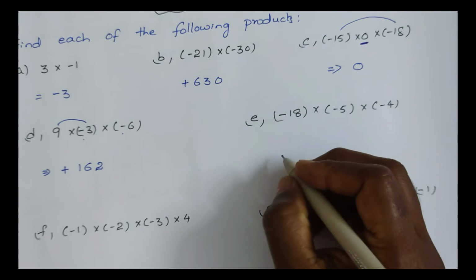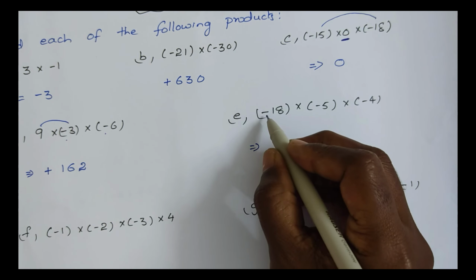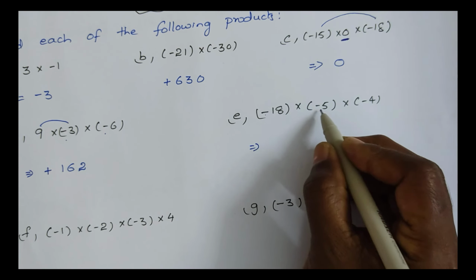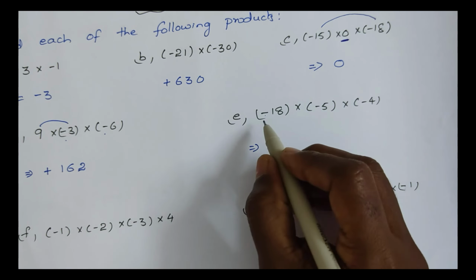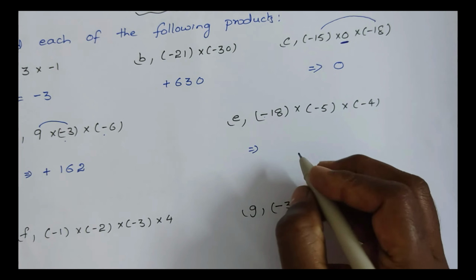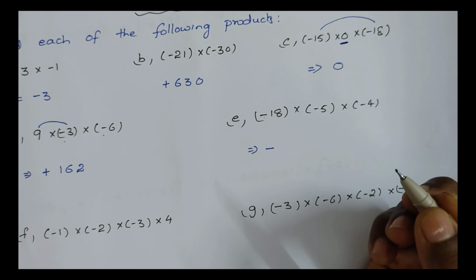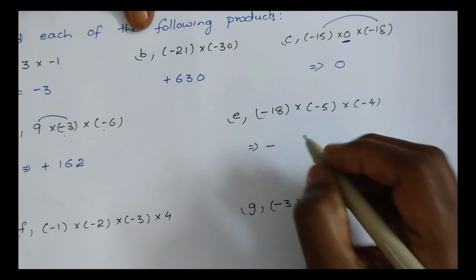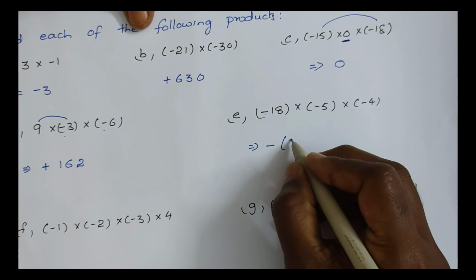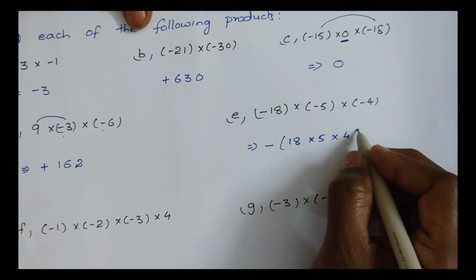Okay. Now next question. Here again let us count how many negative signs are there. 1, 2, 3. So 3 is an odd number. Whenever you have odd number of negative symbols, the final result will be negative. Clear? Now let us make this a little more simple. We are having only 18 into 5 into 4.